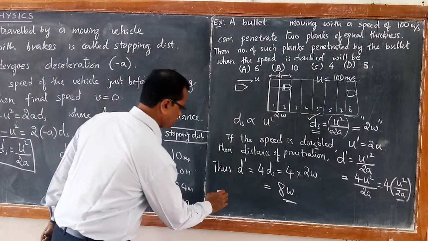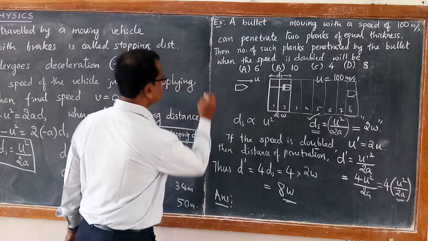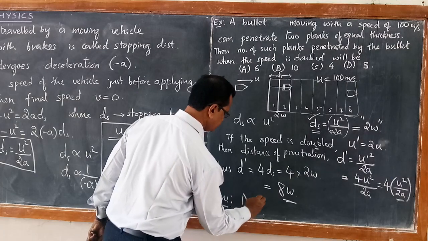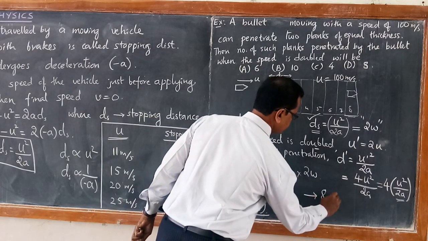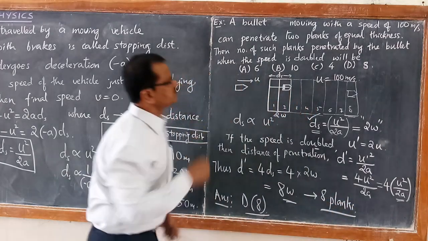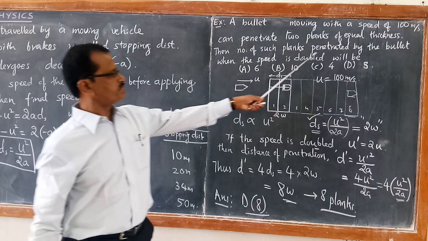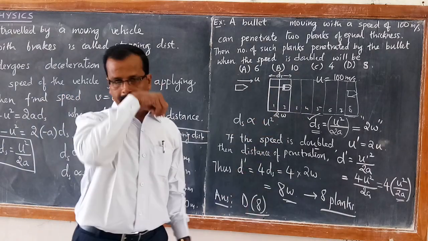So the answer, from the given data, is D, that is 8. 8 planks are required. So the number of such planks penetrated by the bullet when the speed is doubled is 8.